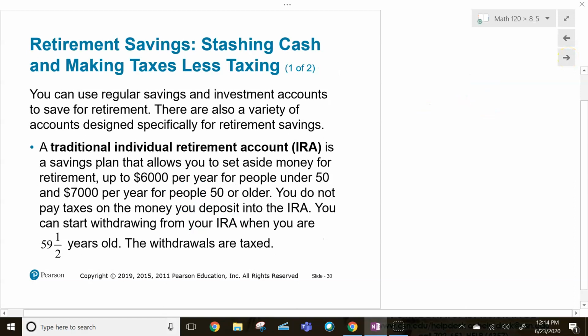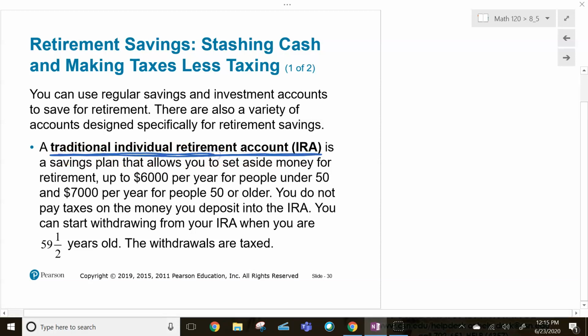Some other retirement savings accounts. A traditional IRA is a government savings plan that allows you to set aside money for retirement. In a traditional IRA, you can put your money in mutual funds or different options, based on the financial company. Let's say you choose mutual funds, and you do it pre-tax.